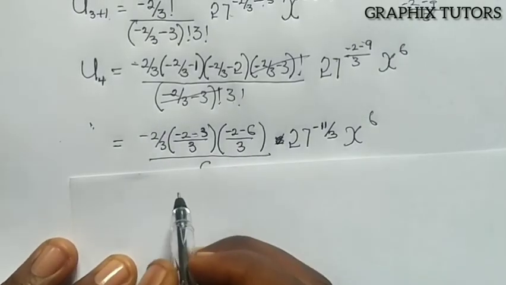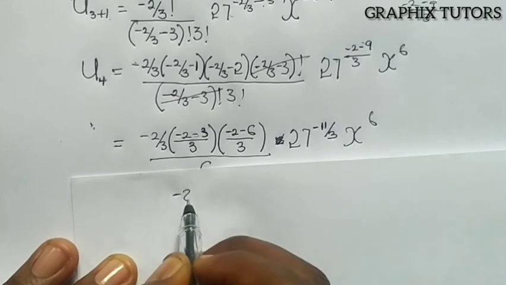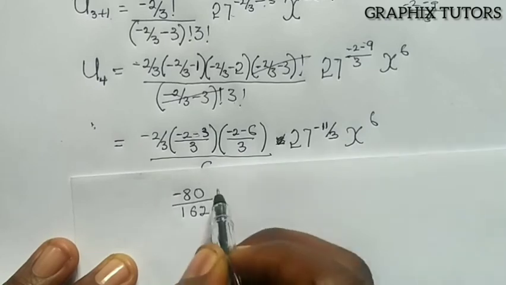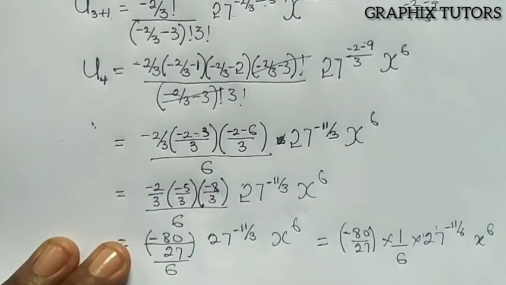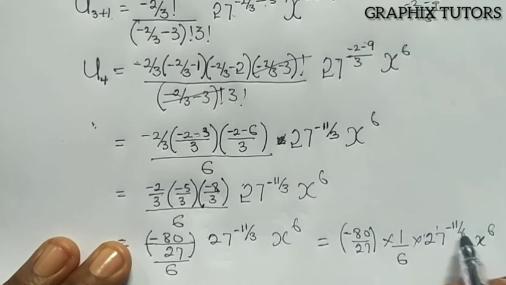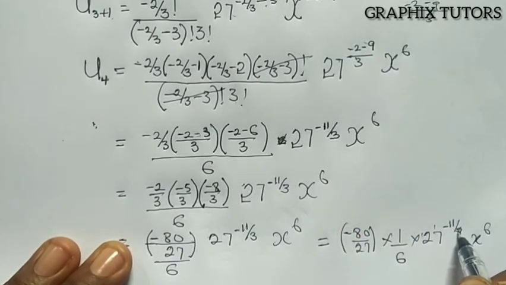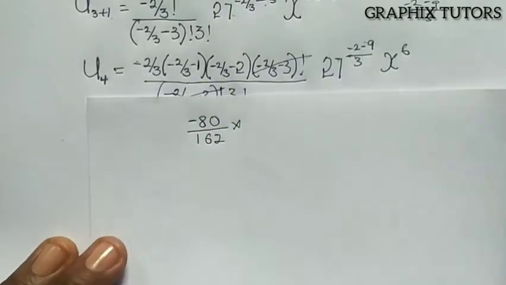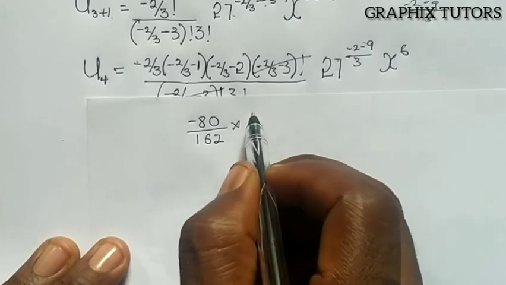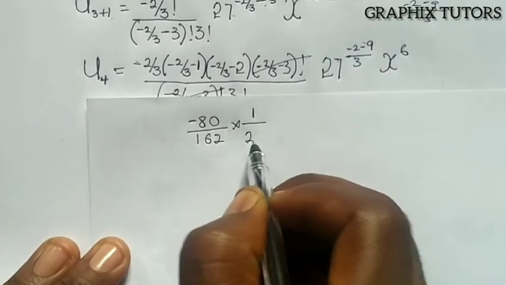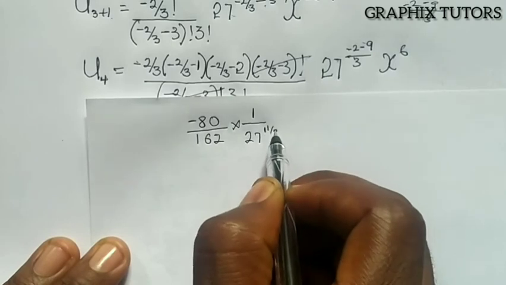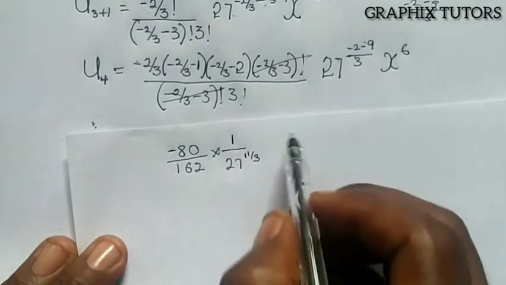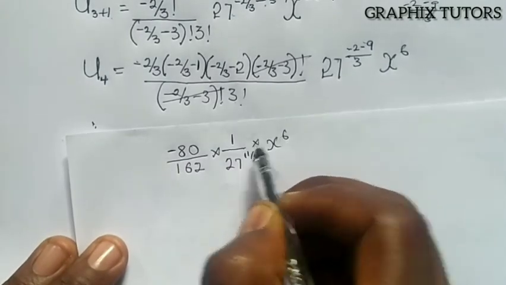So we have minus 80 divided by 162 multiplied by 27 to the power of 11 over 3, because it is over 3 here. Writing this as 1 all over 27 to the power of 11 over 3, remove the negative sign here, then x6, they are multiplying each other.